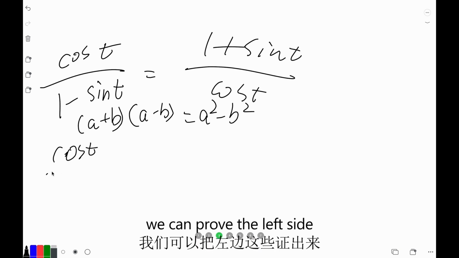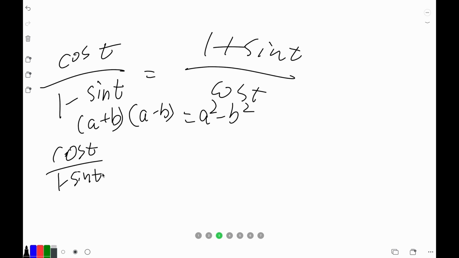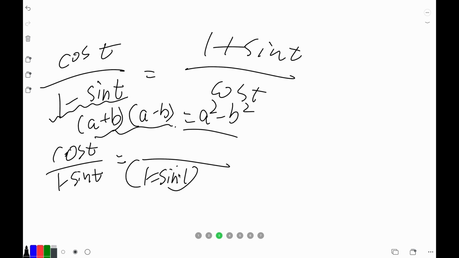As you can see, we multiply by 1 minus sine t. That's really interesting.